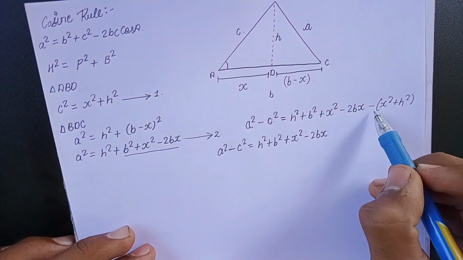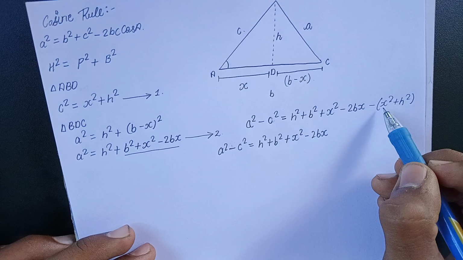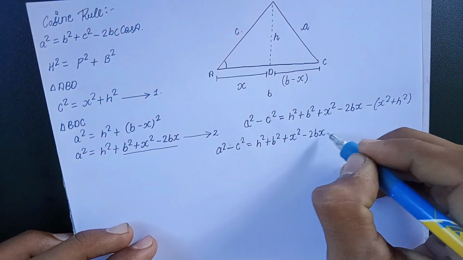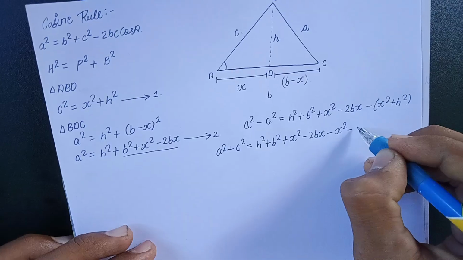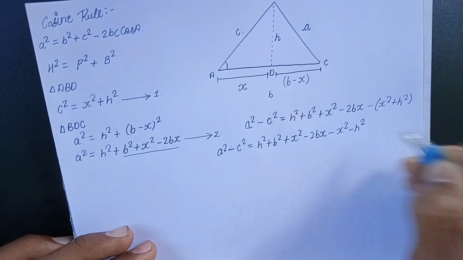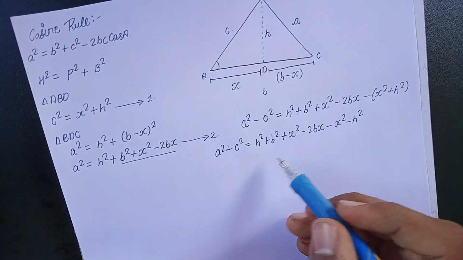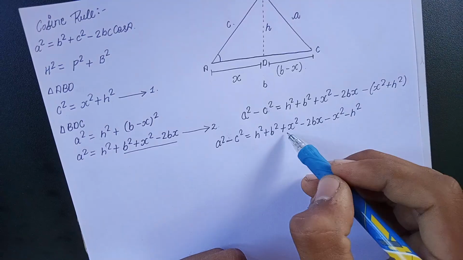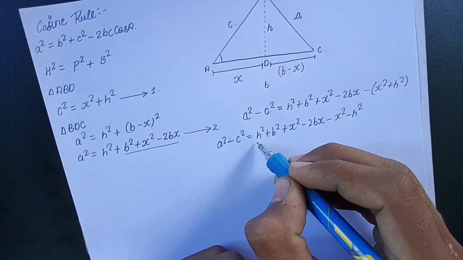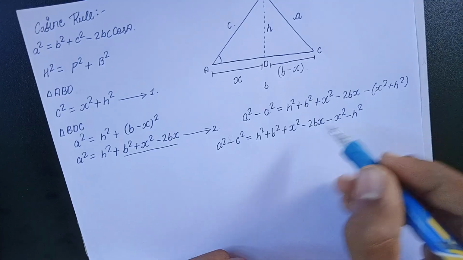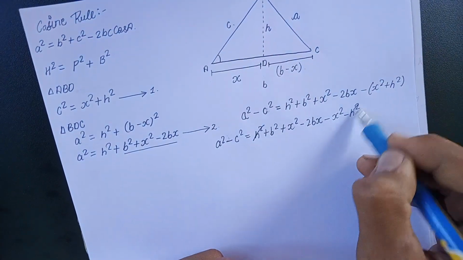Now we have this negative sign. On multiplying this negative sign inside this bracket, we get negative x square and negative h square. Now we have the positive x square and negative x square, and also positive h square and negative h square, so we simply cancel these out of this equation.